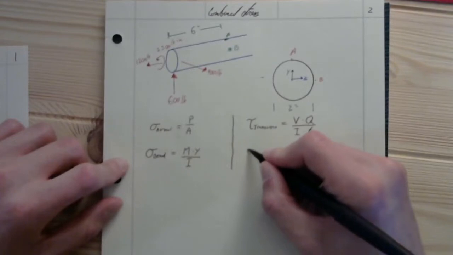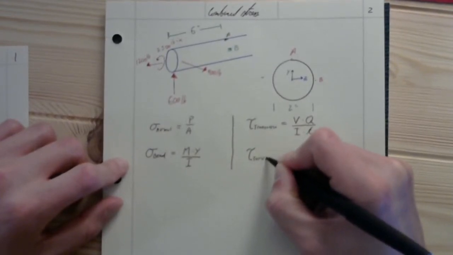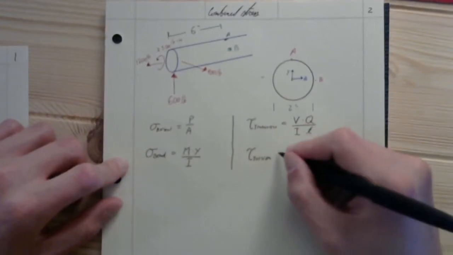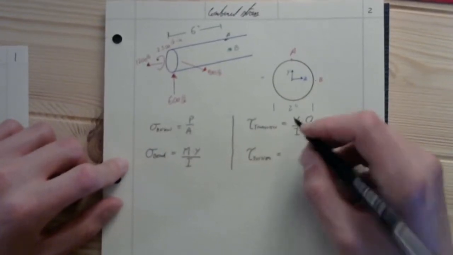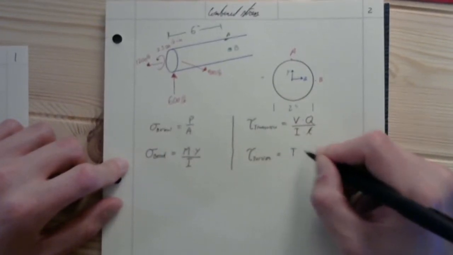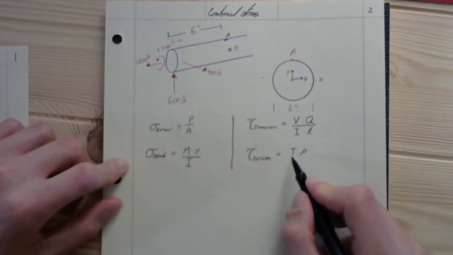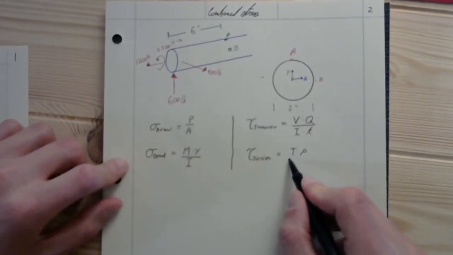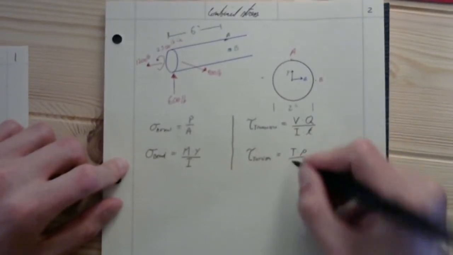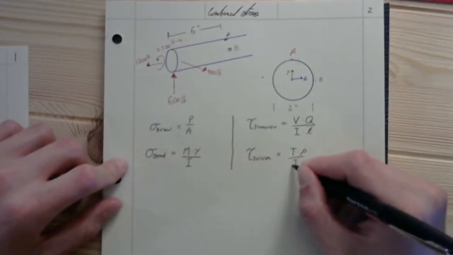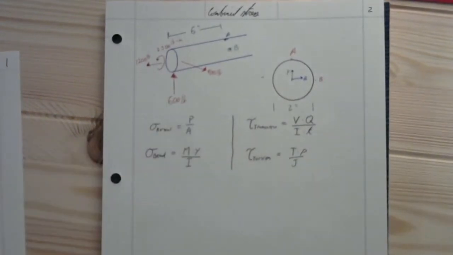And there's also going to be shear from torsion, and that's equal to the torque applied times your radius, or how far you are from the point, divided by your polar moment J.